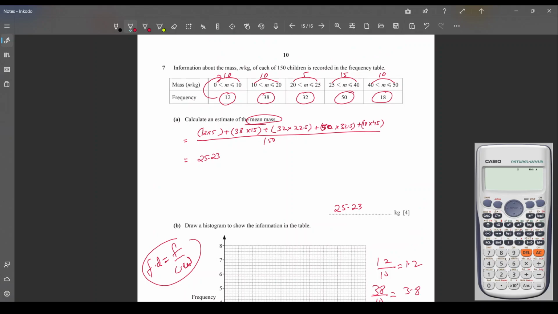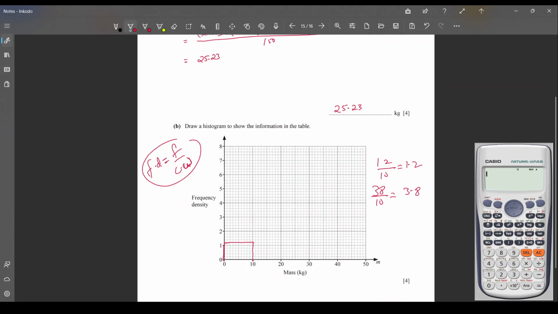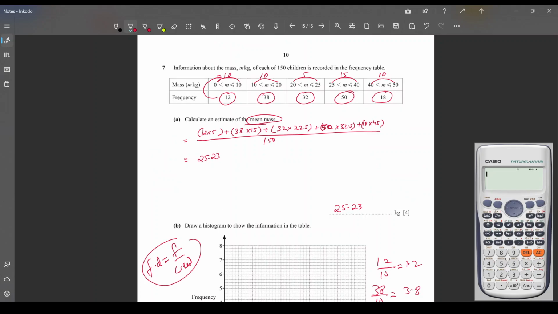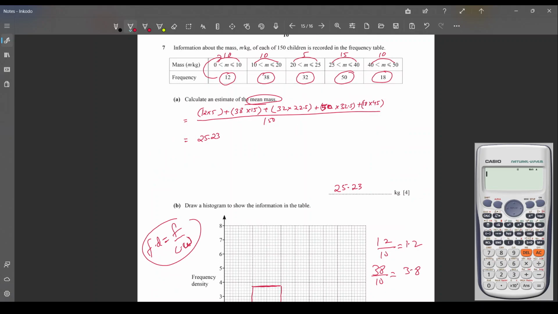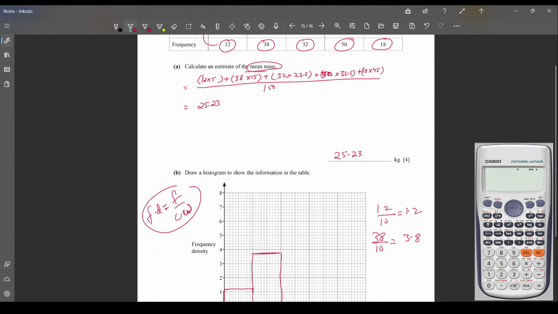So the interval is 10 to 20. So 3.8 should be somewhere here, just one box below 4. So that is 0 to 10, 10 to 20, and for 20 to 25 we have 32 divided by 5.